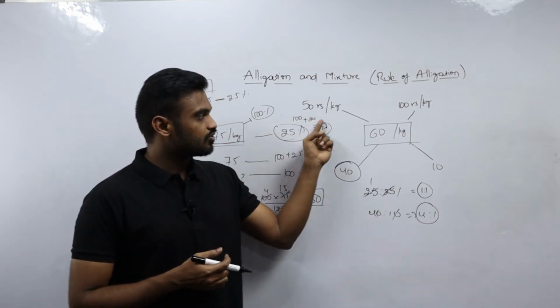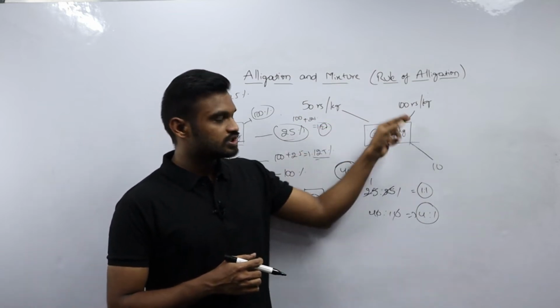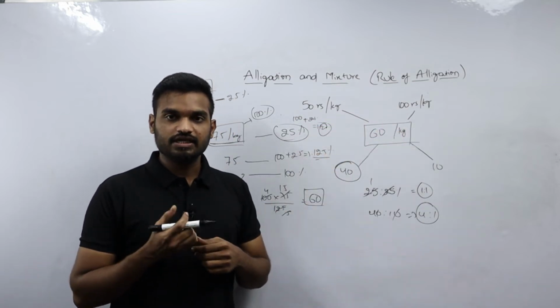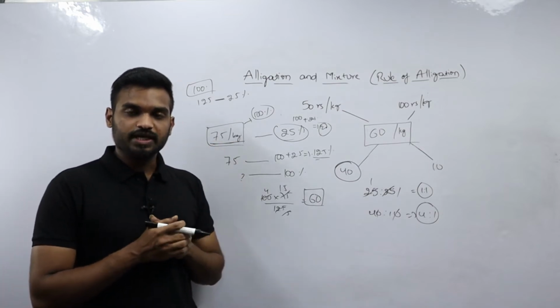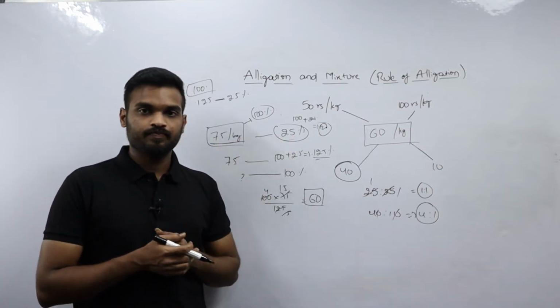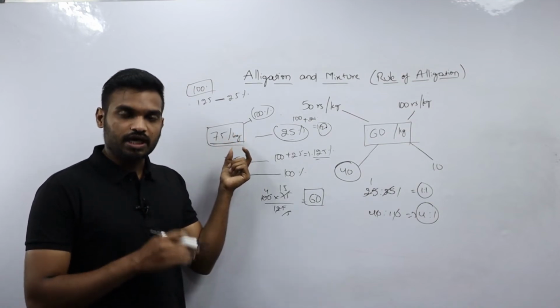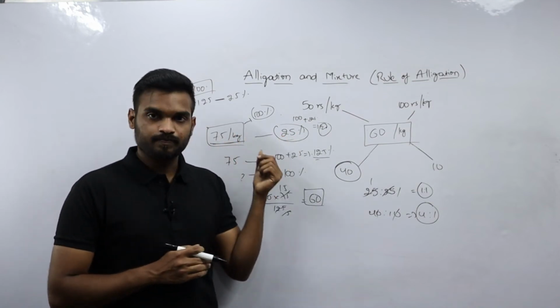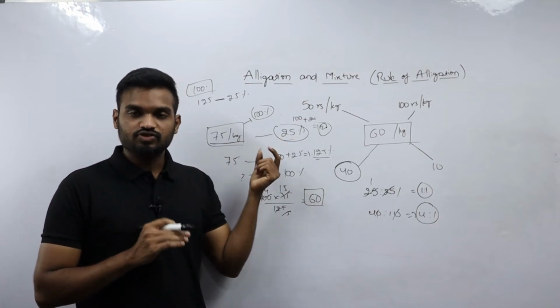See here, they have given two quantities of rice. Now they are mixing these two quantities of rice such that they are selling the resultant quantity for 75 rupees per kg and making a profit of 25%. Now this 75 rupees per kg is after selling at 25% profit, but it is not the actual mean price.